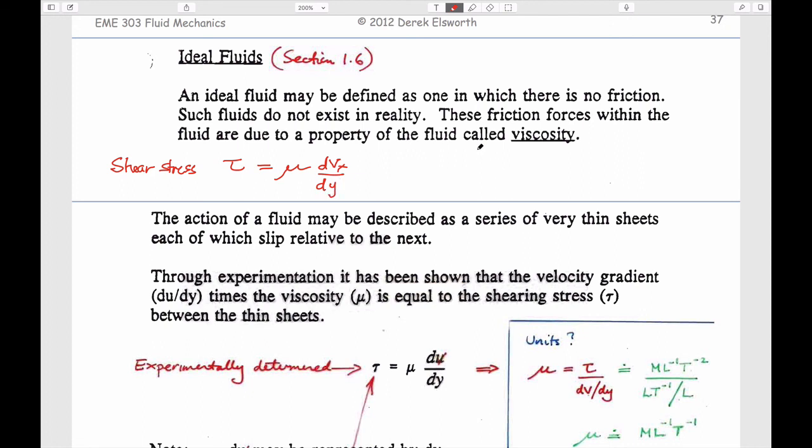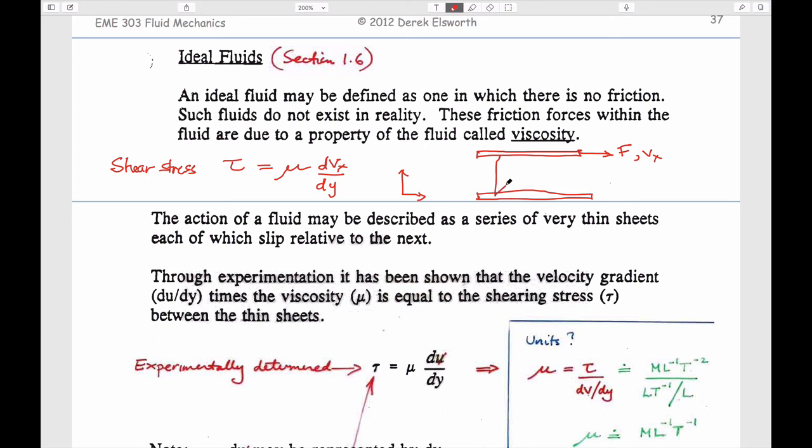And so the easiest way that we can demonstrate this is to think of two plates with a liquid between them. We pull a force on this plate so that it travels at some velocity in the x direction, Vx. And we hold this bottom plate static.